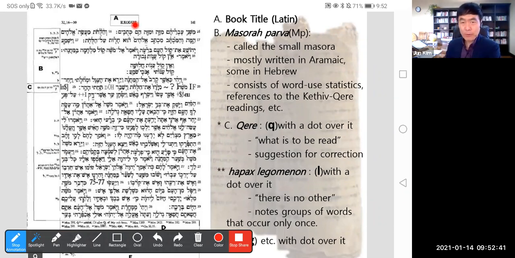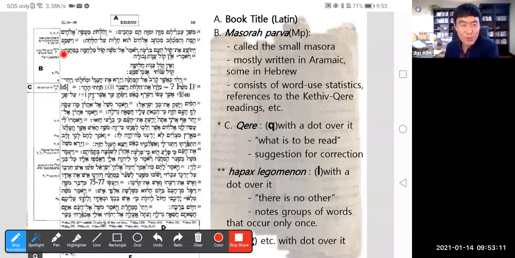Now, most importantly, you need to pay a great deal of attention to the other stuff that I'm going to talk about. Let's talk about B. This entire section, on the left side and on the right side, is called MP, which is the abbreviation of Masora Parva. Say Masora Parva.